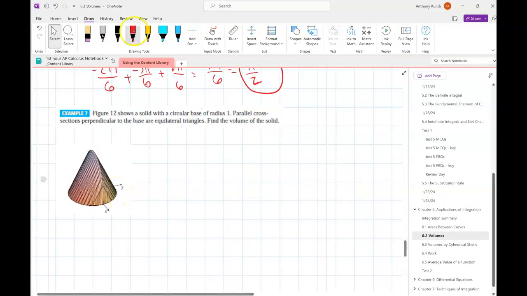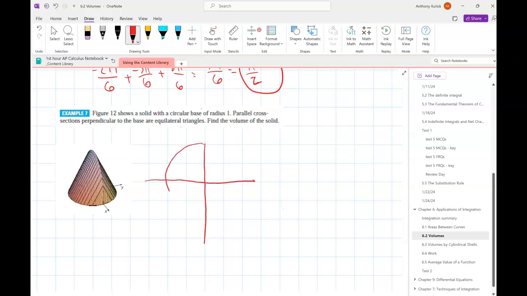Let's try this one. Figure 12 shows a solid with a circular base. So let's draw that with radius 1. So like x, y.